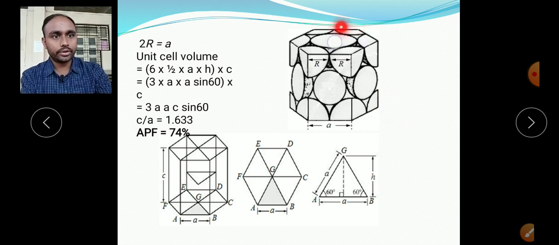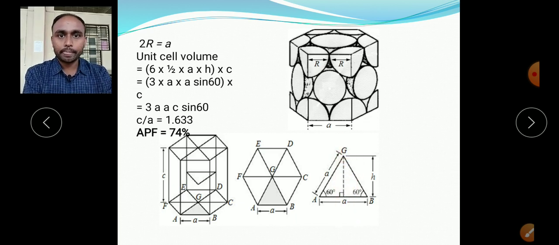So I have taken one face here, top or bottom, and I found that it contains 6 equilateral triangles. So I must calculate the area of one triangle. So take that triangle here. To find the area of the triangle I must know its height, and this H is the height, and by using our sine definition, we got H is equal to A into sine theta.